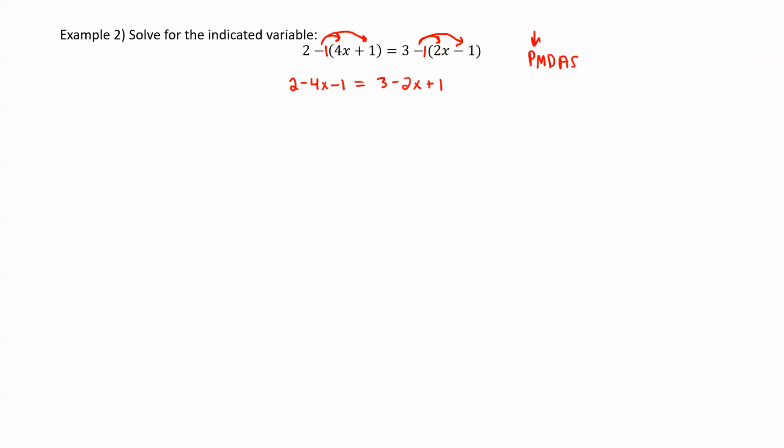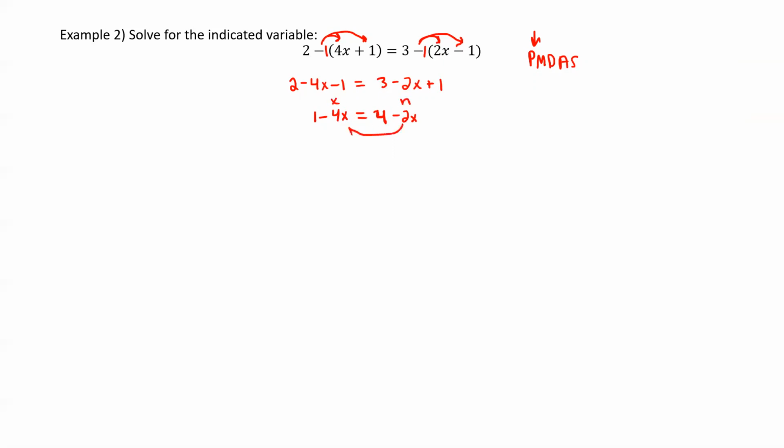So now we have our variables not separated. So let's combine like terms. So 2 minus 1 is just 1 minus 4x equals 3 plus 1 is 4, right? 4 minus 2x, and now we can separate our variables a little easier. So we'll put x's on this side, and we'll put numbers on this side.